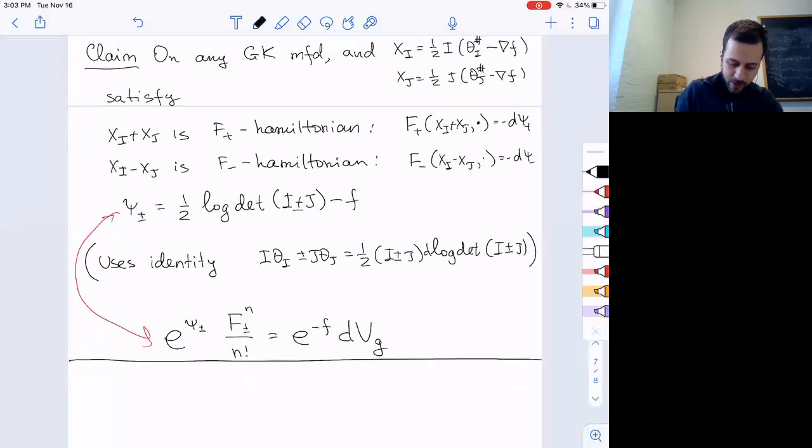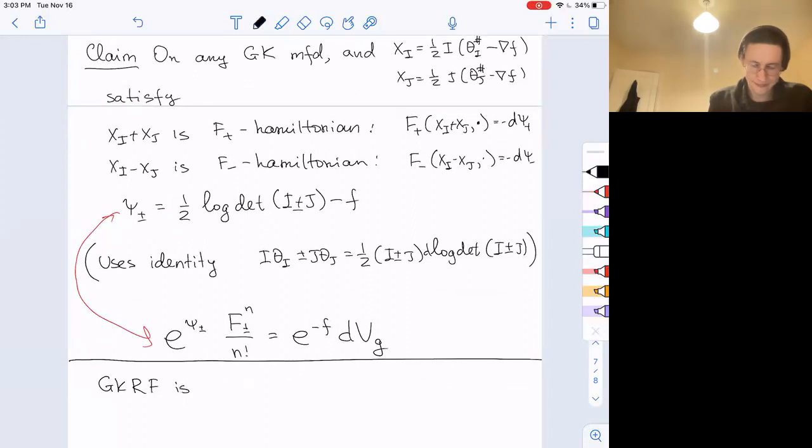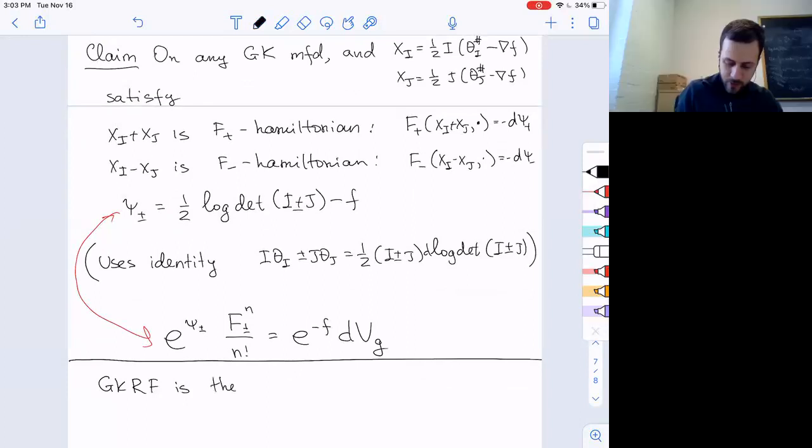So maybe I'll write this here. Generalized Kähler Ricci flow is, I put in quotes, the Hamiltonian flow construction of the function psi plus minus psi minus.